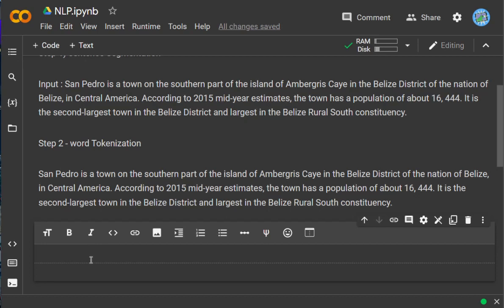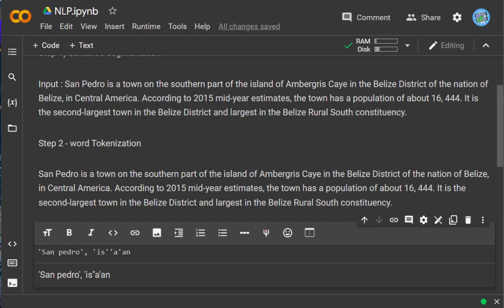The tokens will be like San Pedro, which is a single word, considered as a single token. Another one, can also will be considered a single token. We have a, and so on. So this is how each word gets represented as a single token. What we did is convert the entire sentence into different tokens, and this process is known as word tokenization.